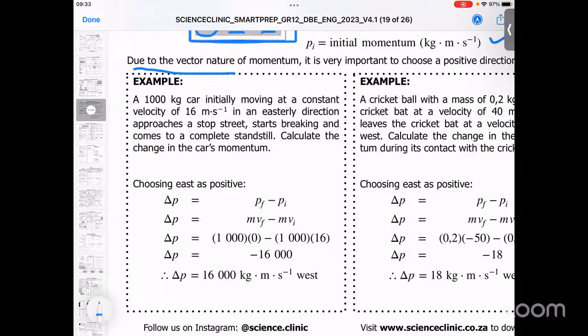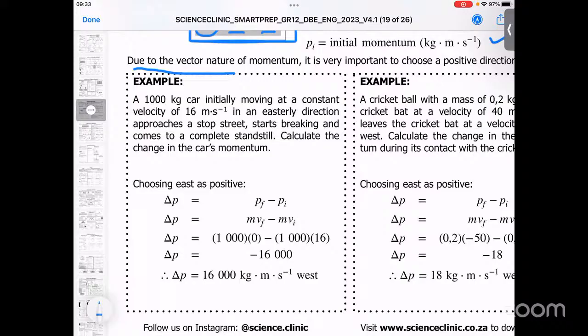So it's like we're talking about a car which has a mass of 1,000 kg. Initially, it was moving at a constant velocity of 16 meters per second in an easterly direction. Then it approaches a stop street, and the driver starts applying the brakes, and it comes to a stop or standstill, maybe because it's a street with a stop sign.